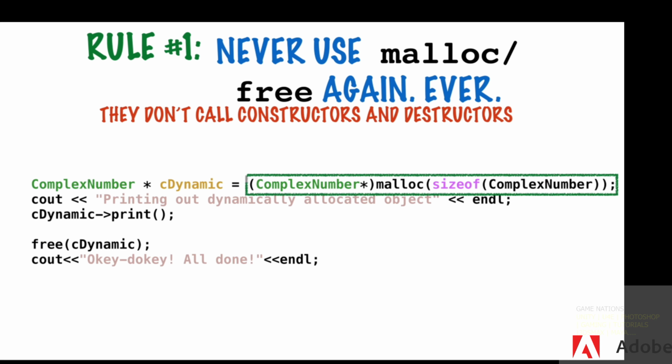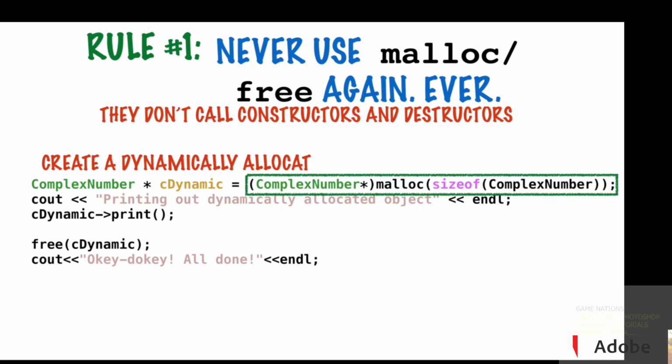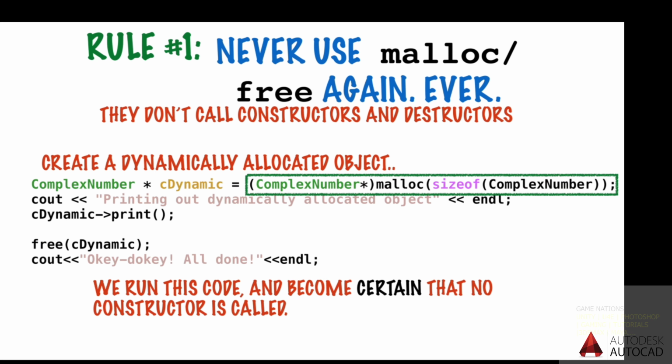What we've done here in this example is used malloc, a C construct, to create a dynamically allocated object. How we've used malloc is the correct way to use malloc. However, malloc itself is the wrong function to use. Note that we specify the size of complex number to allocate the right amount of memory, and we cast the pointer returned by malloc to a complex number pointer.